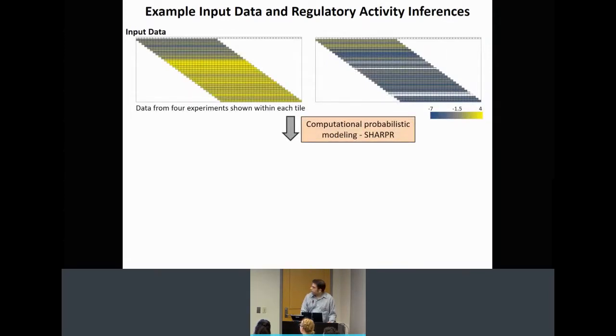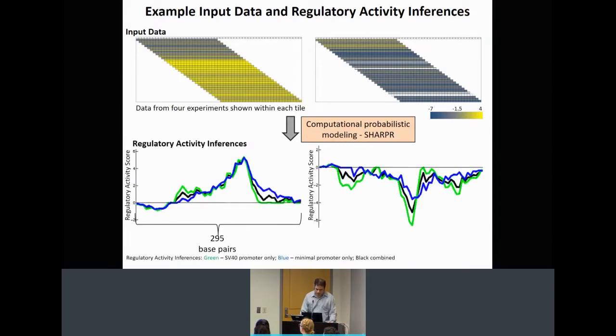That was just to give some intuition. Now here are two actual experimental data sets, showing you the inferences of the probabilistic model, SHARPR, that I'll talk about shortly. What you're seeing here are the inferences of the relative regulatory activity score at each position along the 295 base pairs.